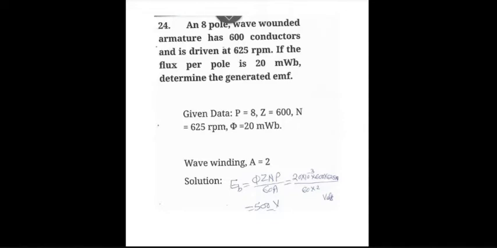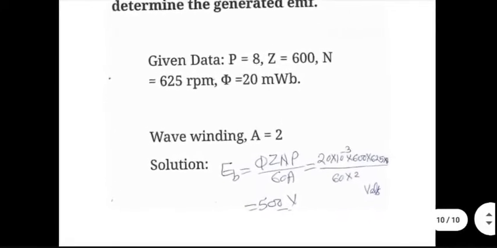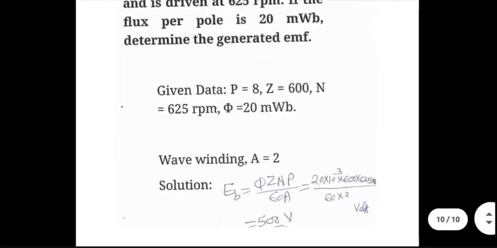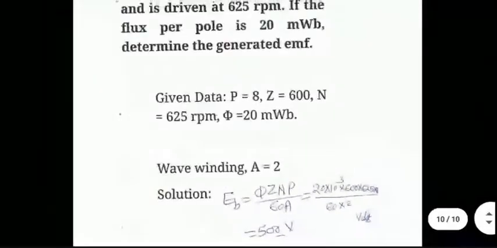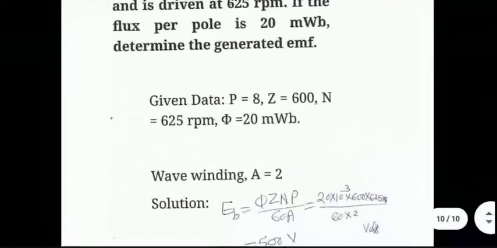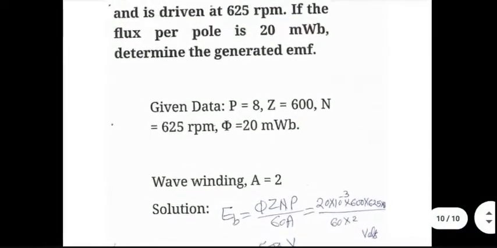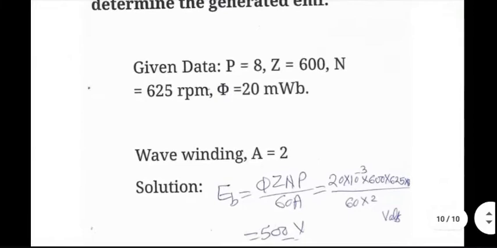Simple calculation. EB equal to phi ZNP divided by 60A. Phi is given as 20 multiplied by 10 raised to the power minus 3. Z is given as 600. I made a mistake here too. It's 625, not 600. So that also has to be corrected.